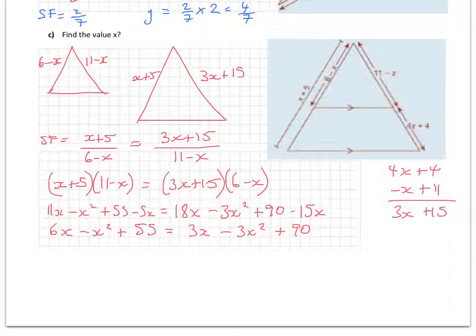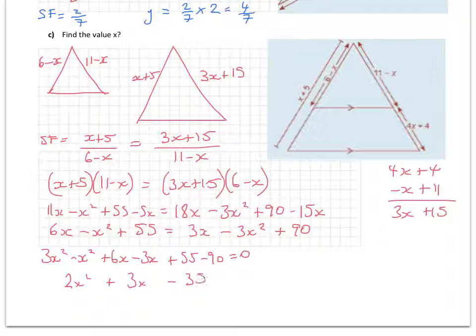If we bring everything over onto one side, we get plus 3x squared, and we've got the minus x squared. We've got plus 6x minus 3x, and we've got the 55, take away 90. So 2x squared plus 3x minus 35 equals 0.